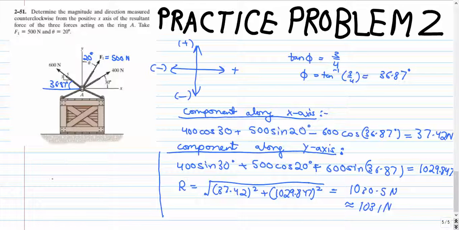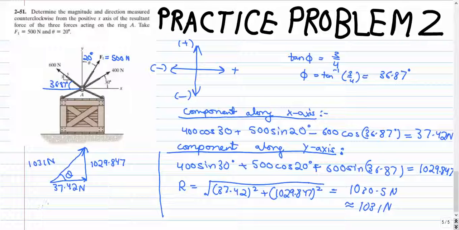Now that we have the magnitude of our resultant force, we can find the angle by drawing the vector triangle. The sum of components along the x-axis is equal to 37.42 newtons, while the component along the y-axis is 1029.847 newtons in magnitude. The resultant force is 1031 newtons.